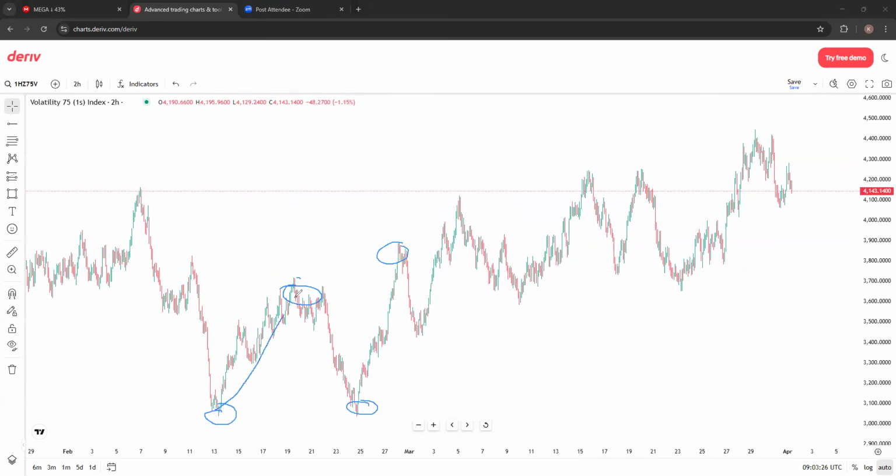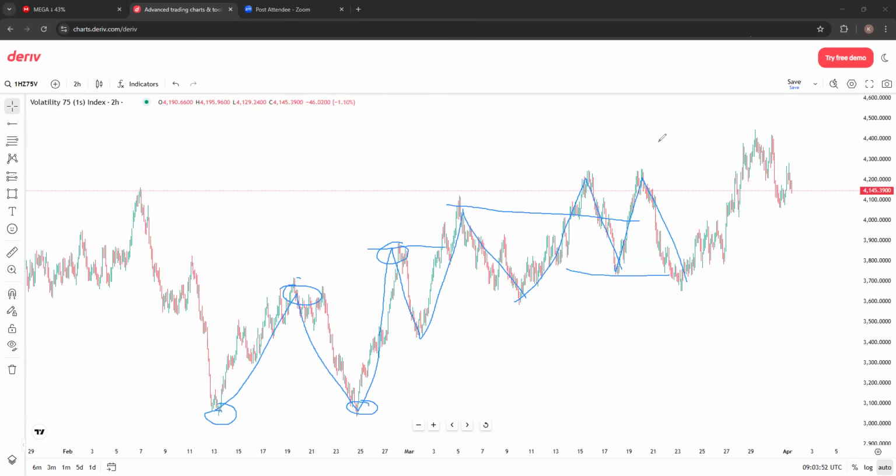So we have a high, a low, a high, a low that comes and breaks this high, and then a low that comes and breaks this high, and then a low. Now I'll explain what happened here.